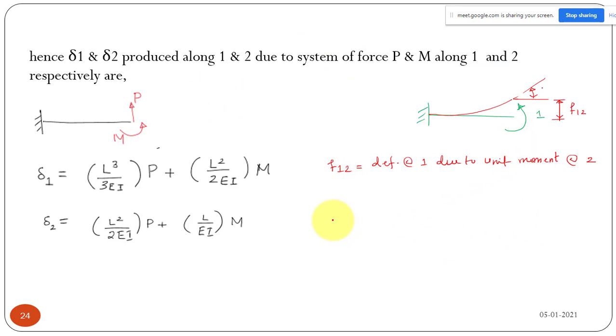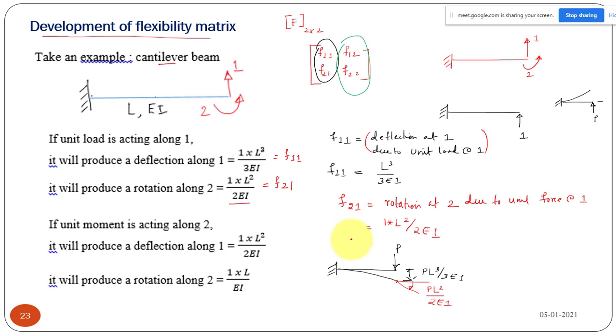So what will be F22? That means your displacement at 2 due to force at 2. F22 simply means displacement at 2 due to force at 2. The displacement is a rotation, and the force is also a unit moment.